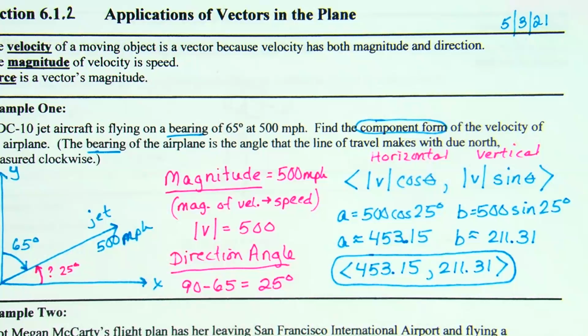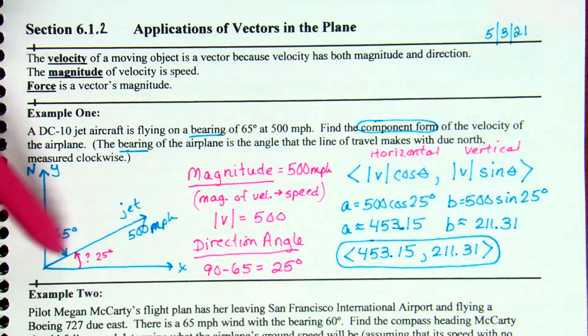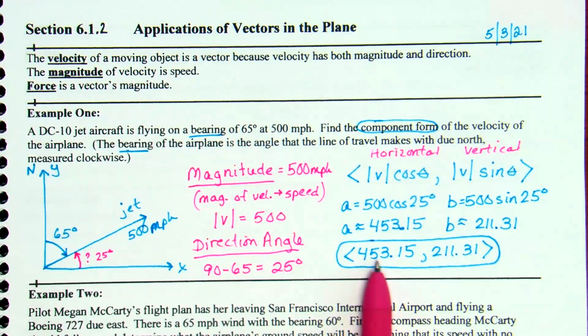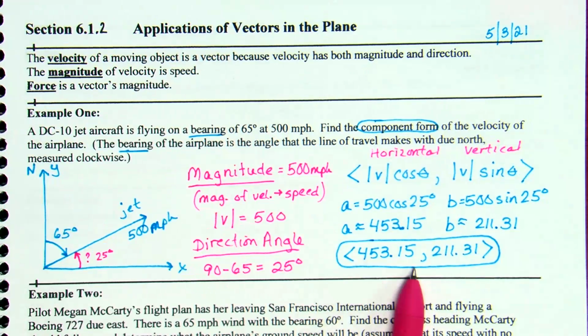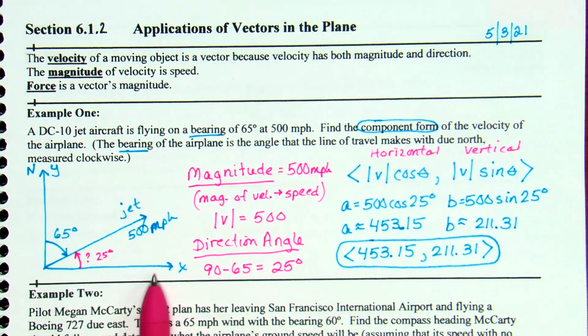Now, as we think about this, notice where my jet is going. What direction would you call that if you think about a compass? Northeast. Okay. So this 453.15, which direction is that? If that is my x-axis, that is the eastward.